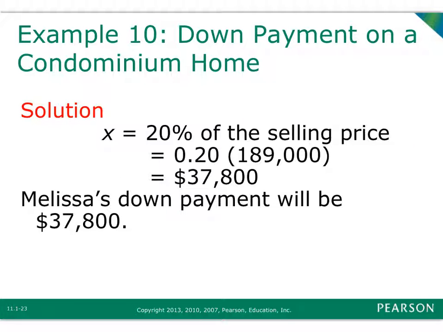So here the solution is 20% of the selling price, which is 0.2 times 189,000. So 20% of that is $37,800. So Melissa's down payment will be $37,800.